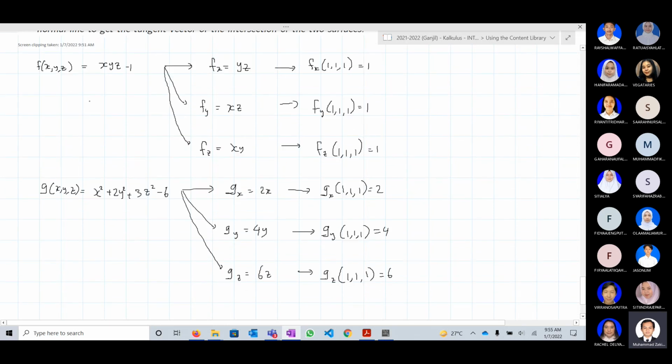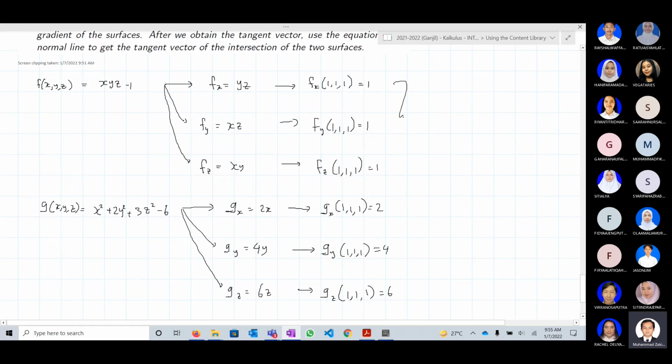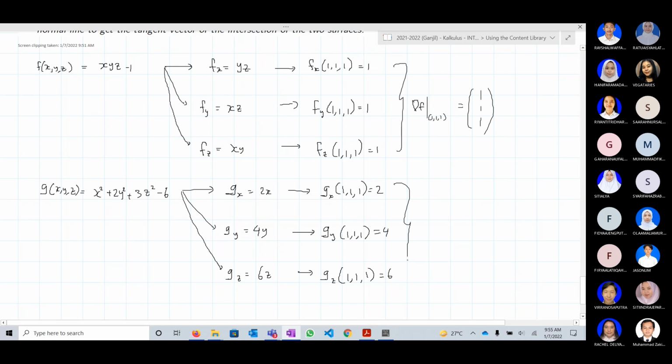Then here we have that grad f at (1, 1, 1) is (1, 1, 1), and grad g at (1, 1, 1) is (2, 4, 6).